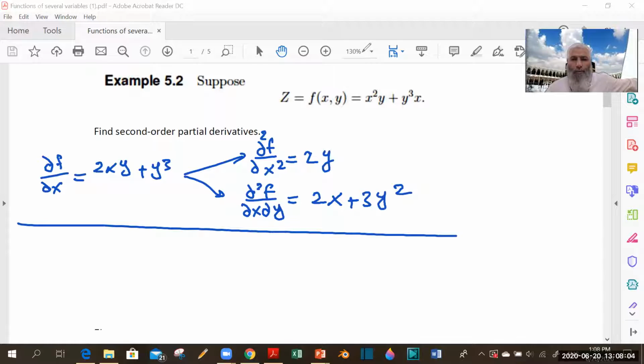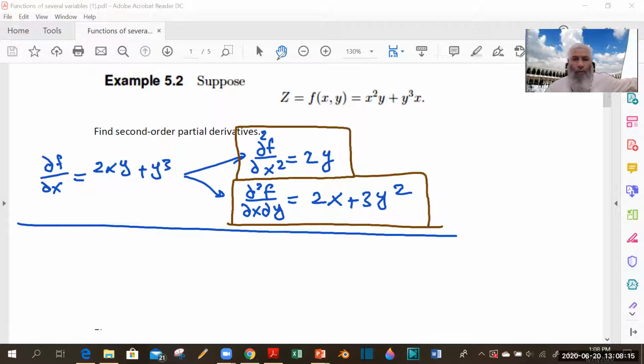So these are the second derivatives, this one and this one. And we have another one, df dy. We will take the derivative of this with respect to y.